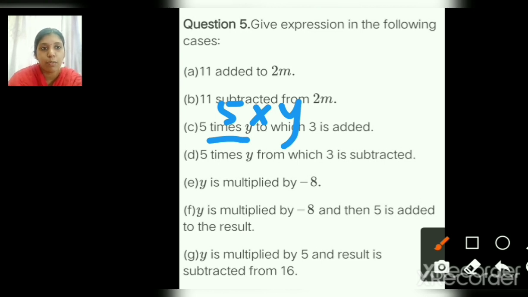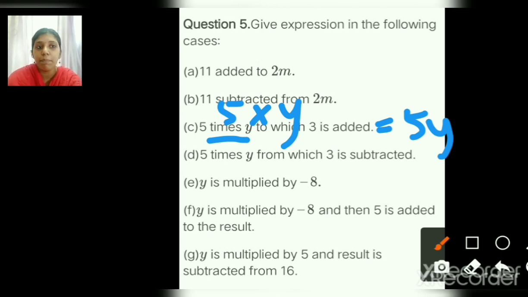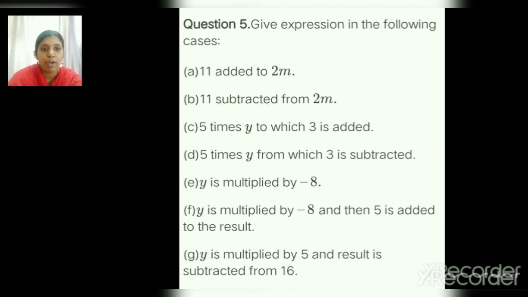So 5 into y is nothing but 5y. So 5y means 5 times y, to which 3 is added. Added, so we have to put a plus sign. What is added? 3 is added, so plus 3. Clear, children?